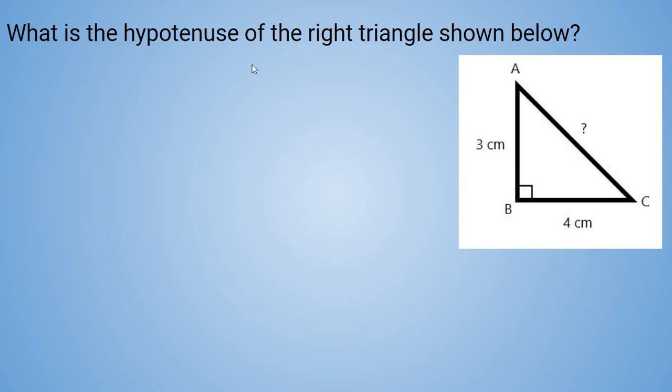Okay, what is the hypotenuse of the right triangle shown below? Okay, so this is a right triangle because it has one 90-degree angle. But before we just go on with the explaining, I just want to clarify some things. We're going to keep the 3 centimeter side as side A, the 4 centimeter side as side B, and the hypotenuse here, which I like to call the hippopotamus.